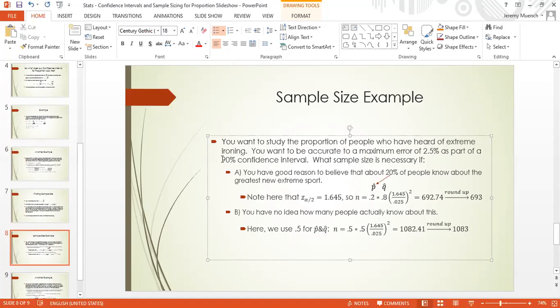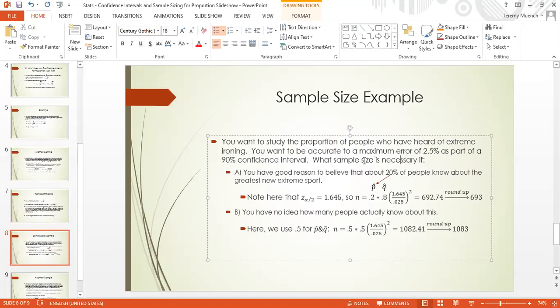90% confidence interval, this is just telling you your level of confidence. And then 20% of people know about extreme ironing, or know about the greatest new extreme sport. This is telling you your assumption for what p hat might be. This is your starting assumption, your background information, your educated guess.